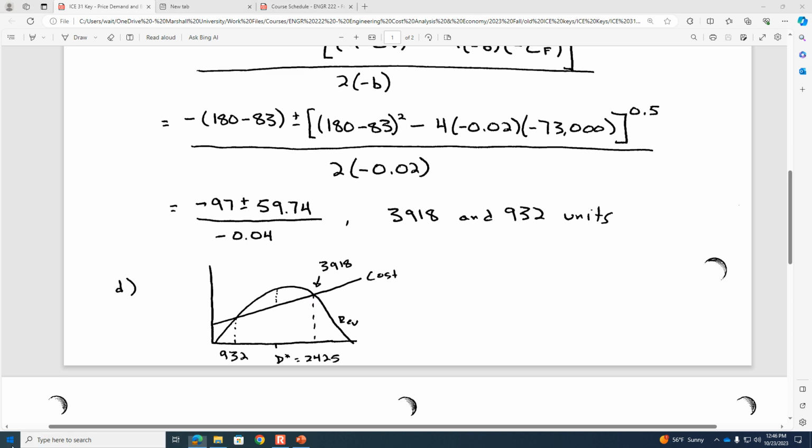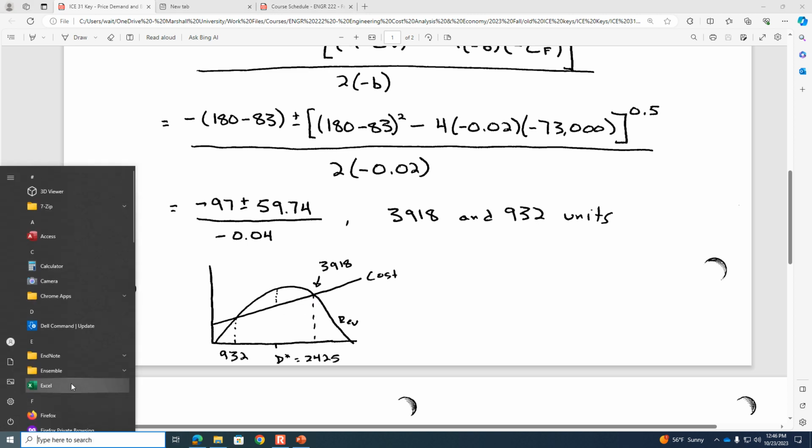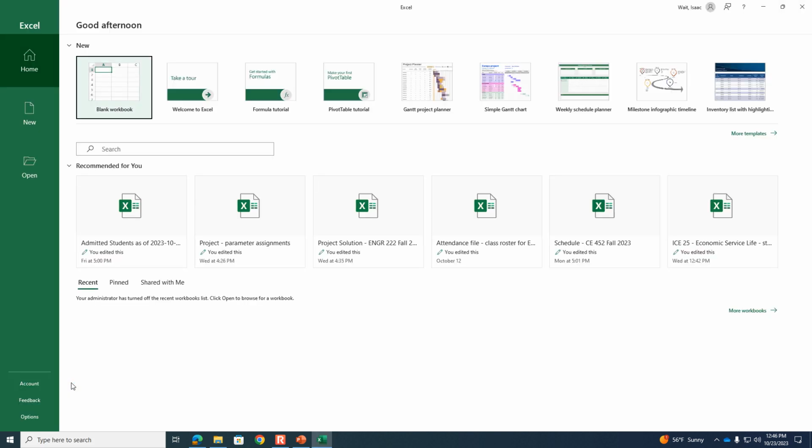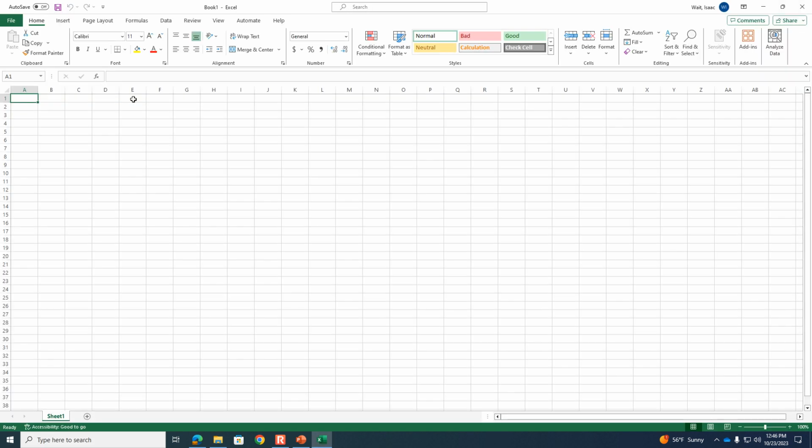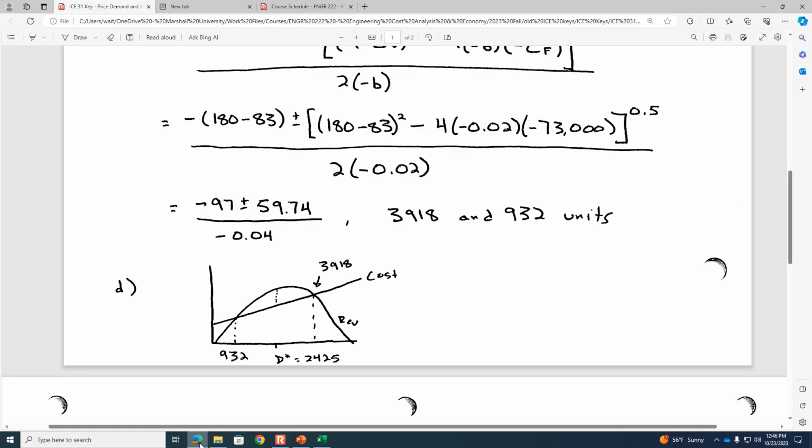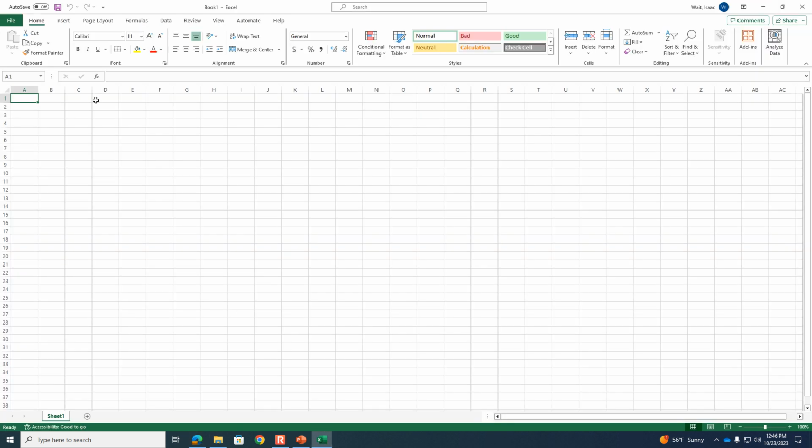So let me show you real quick how we could illustrate this in Excel if we wanted to come up with a more scaled or accurate representation of things than this hand sketch. What we could have is the fixed cost.